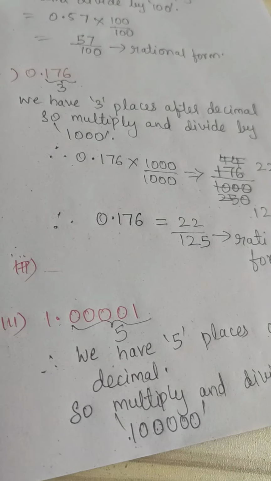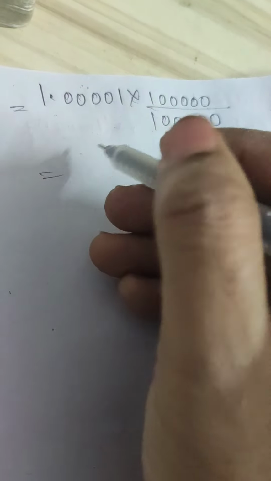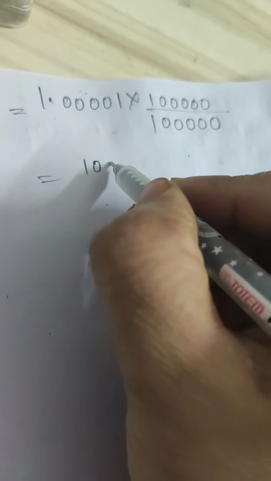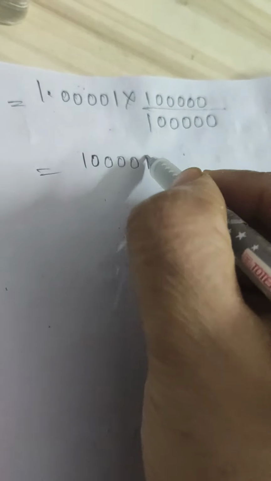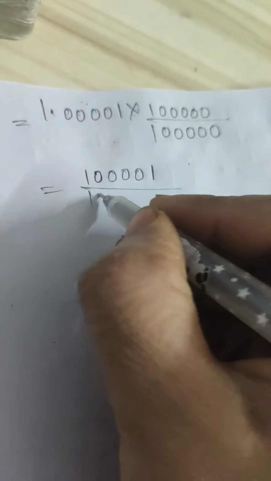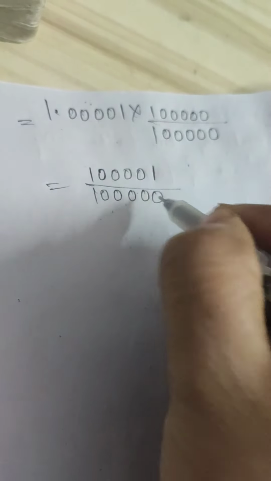This is the way we do it. Now we multiply and divide by 1 lakh. 1.00001 into 100000, 5 zeros by 5 zeros. If we multiply, the decimal cancels and we get 1, 4 zeros and 1, by 100000.